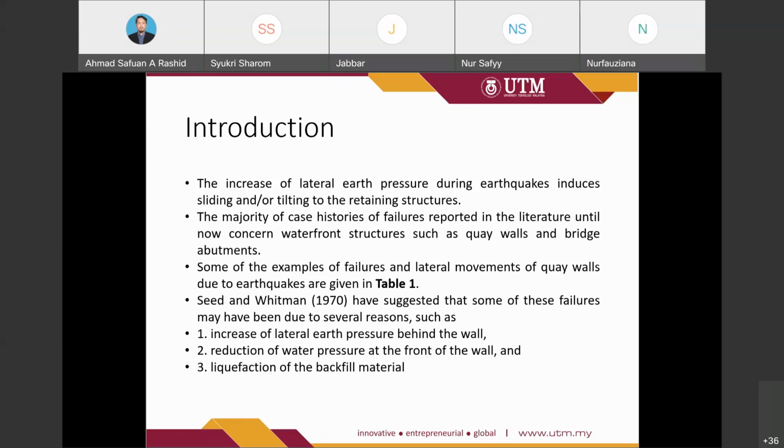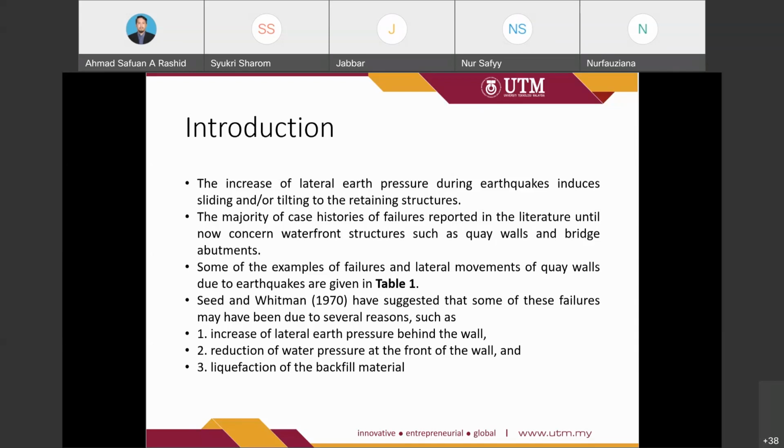So this is the main concern on the retaining structure due to the earthquake effect. Based on the literature, most of the concern is related to the harbour area, where there is more concern on the waterfront.